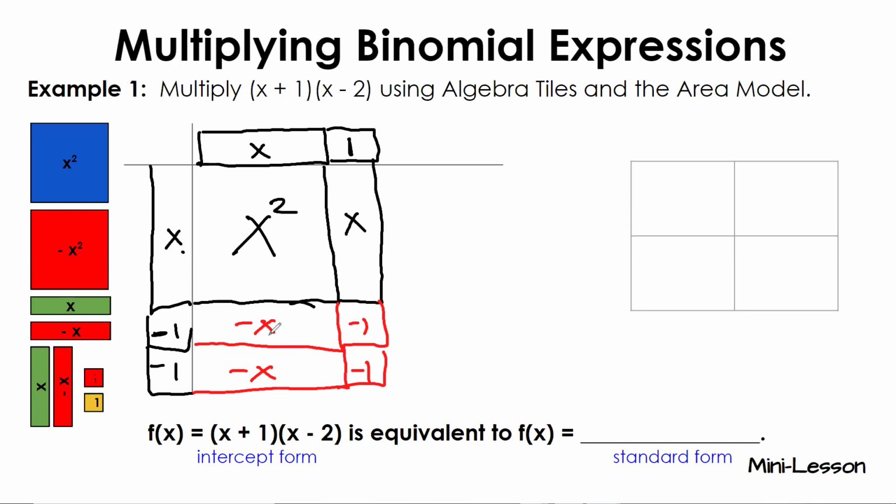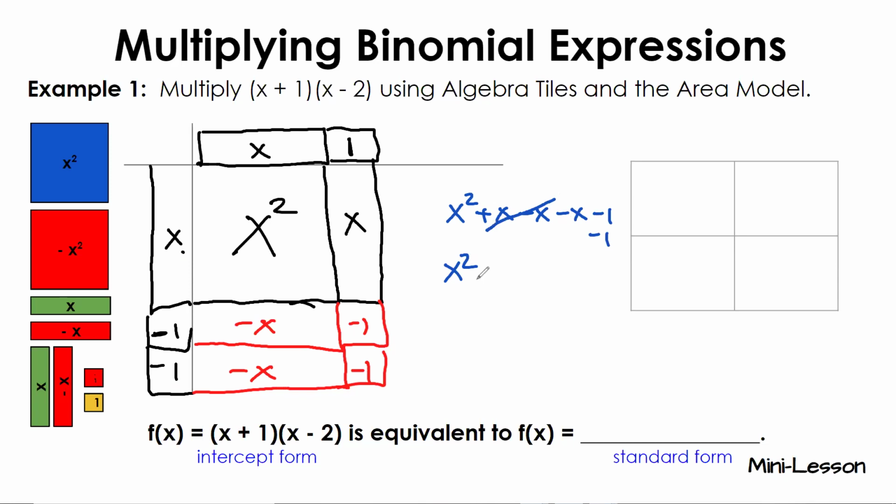We're going to take everything that's on the inside and add it all up. So what is x squared plus x minus x minus x minus 1 minus 1? So x squared, can it be combined with anything? No. Okay, so we're going to bring it down. What's x minus x? What's 1 minus 1? 0.